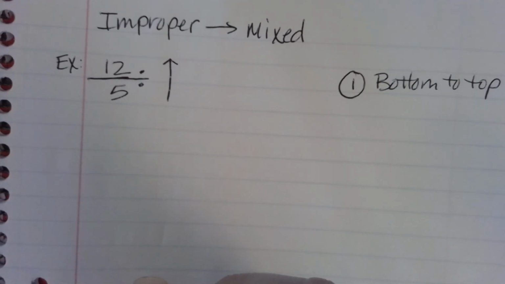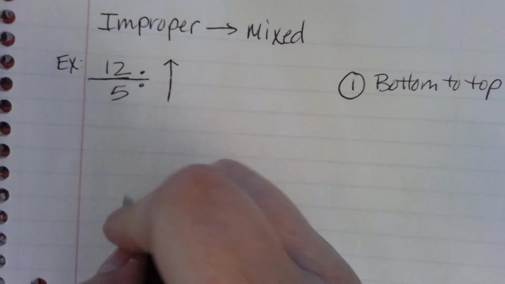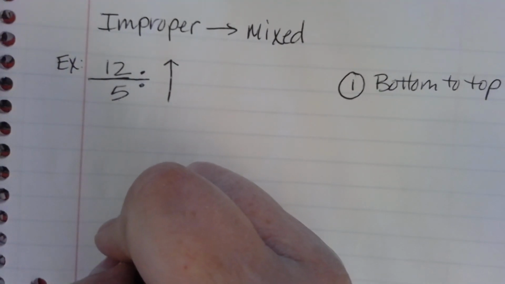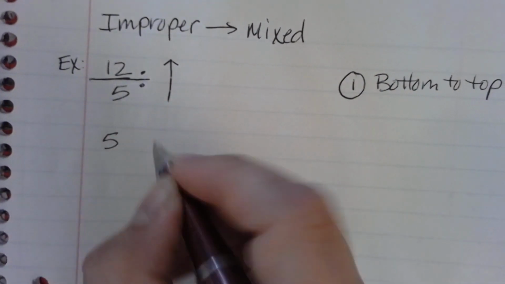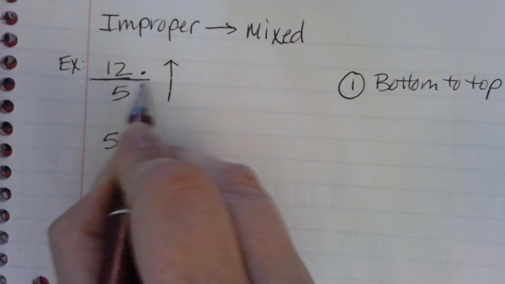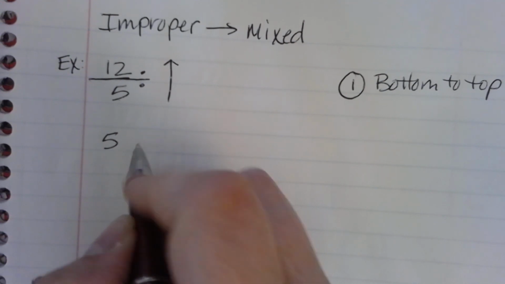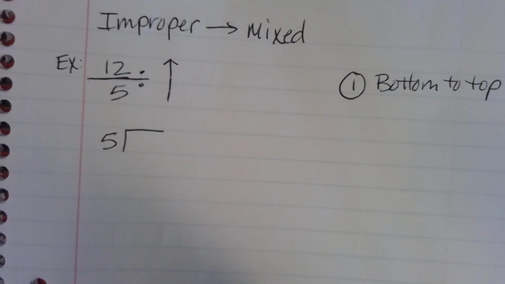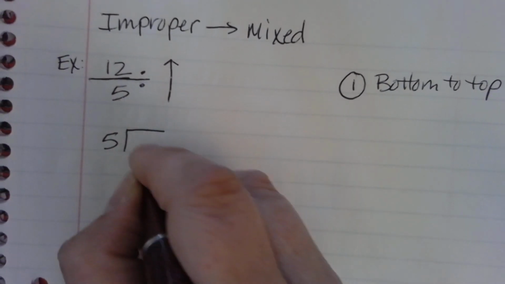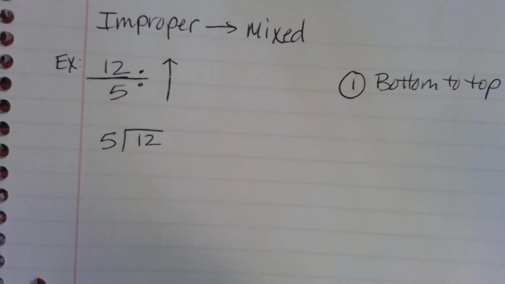The way we remember what goes into what is, again, we start from the bottom and go to the top. I literally write my problem in the order from bottom to top. I start with the 5. Then my fraction bar is my division bar, so I write my box and then use my top number.